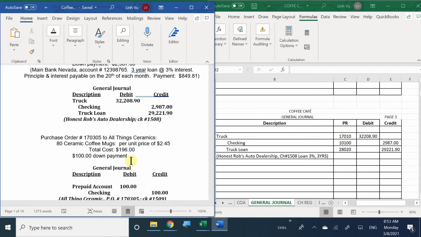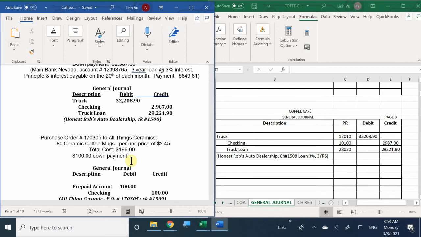Yes, we made a prepaid account, right? Because we paid a down payment in advance to show this company that we are serious about buying their stuff. So we are going to not only make a purchase, we're also going to make a prepaid account. So let's go ahead and take a look at that.